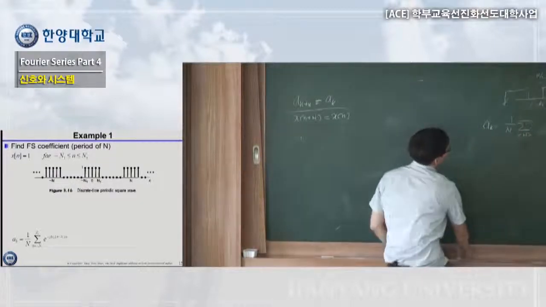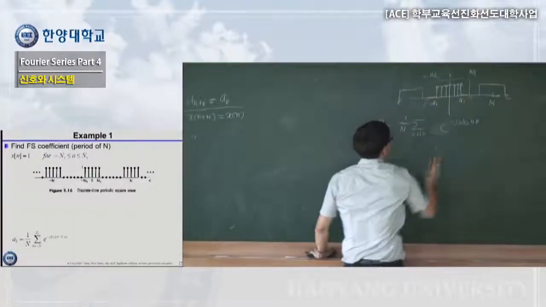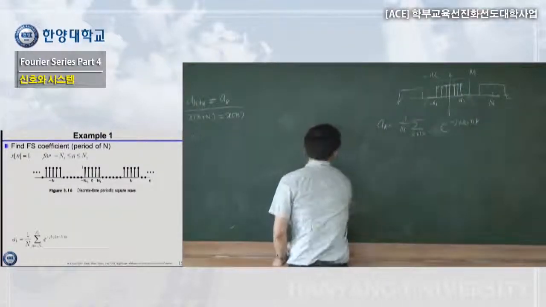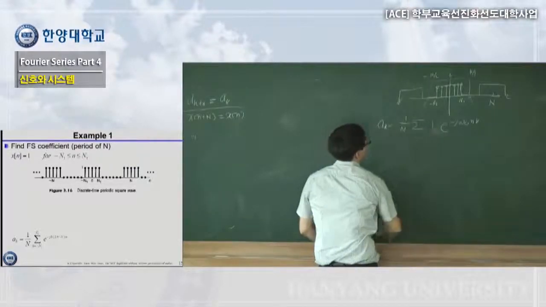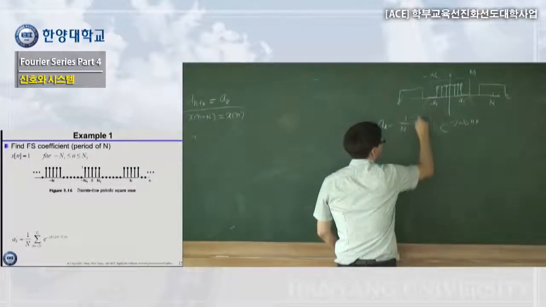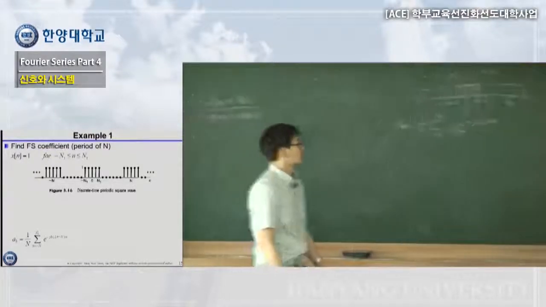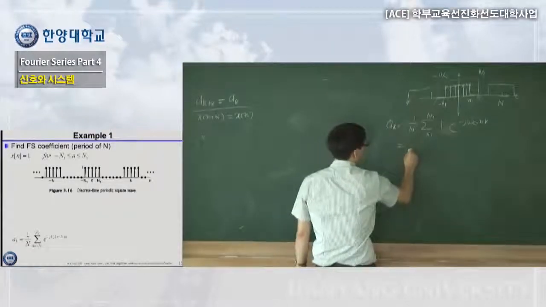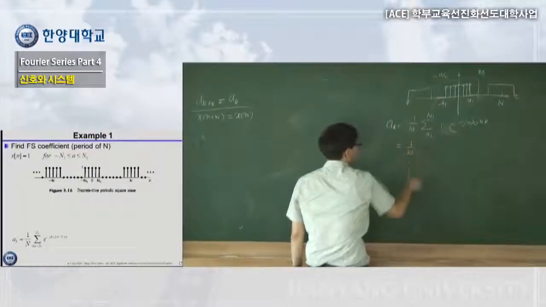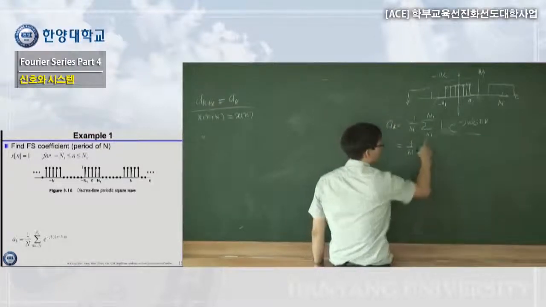In here, this and this are 0. So this one is only not 0, which is 1, from minus N1 to N1. That means we are adding this one from here to here.